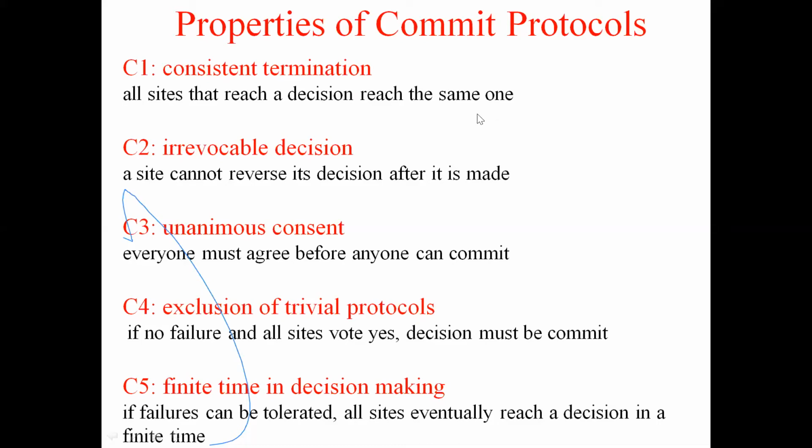All the ones which have decided on a commit should decide on commit, or all of them should decide on abort. Second, the decision should be irrevocable. That means if I have decided to commit, it will always be commit. Once committed, it cannot be rolled back. And if I have aborted a transaction, then I cannot later on commit it.